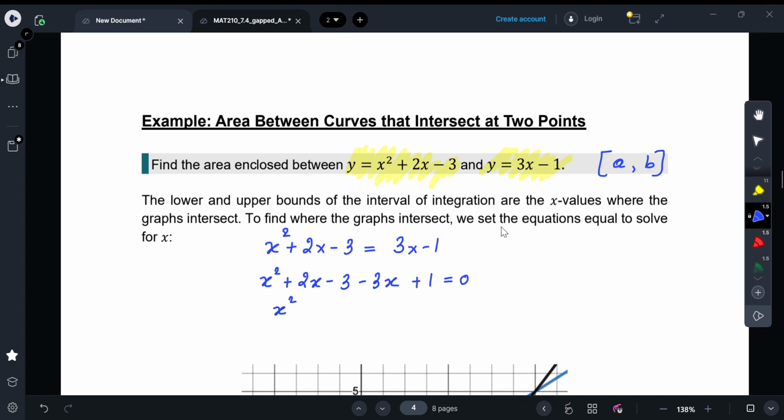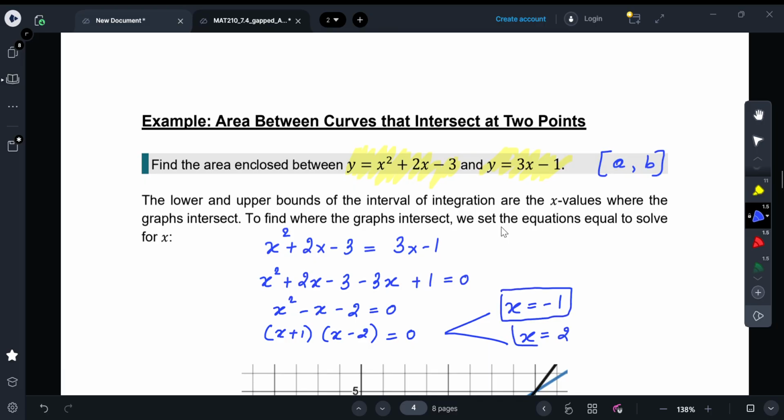This gives me x squared minus x minus 2 equals 0. And then you can factor it or use the quadratic formula. Whatever method you pick, I am okay with. You got, right? So I have got two intersection points. I've got -1 and I've got 2.